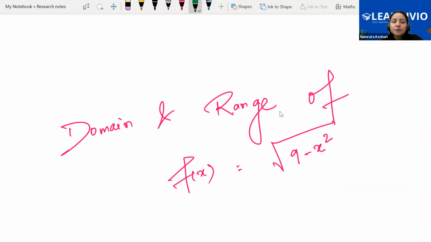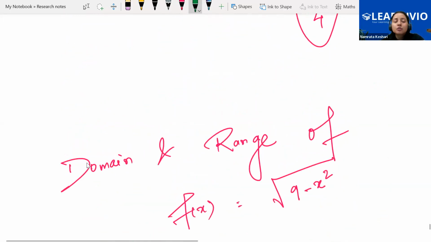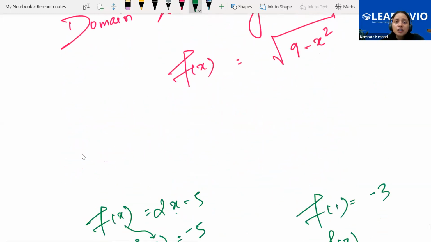Now this type of question we are having, and here also we have to find domain and range. Very patiently we will be discussing this concept because this is very important. In future also you will see we will be having a lot of different types of functions where we will be finding the domain and range of each and every function.